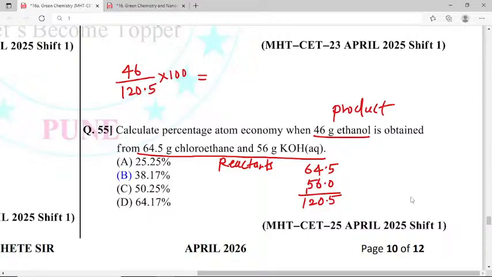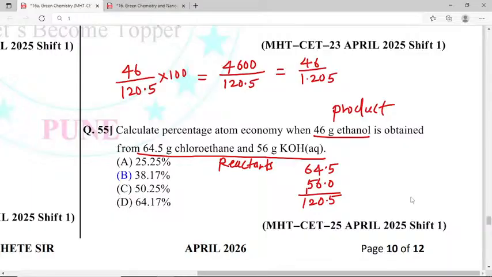So how to solve? This is 46 with two zeros divided by 120.5. Shift the point two places, so 46 divided by 1.205.